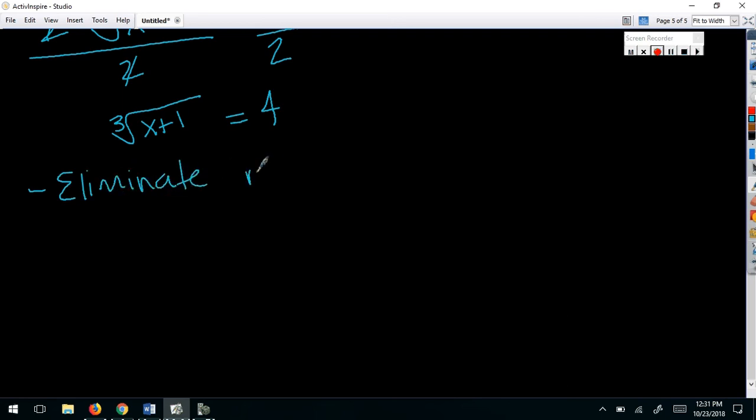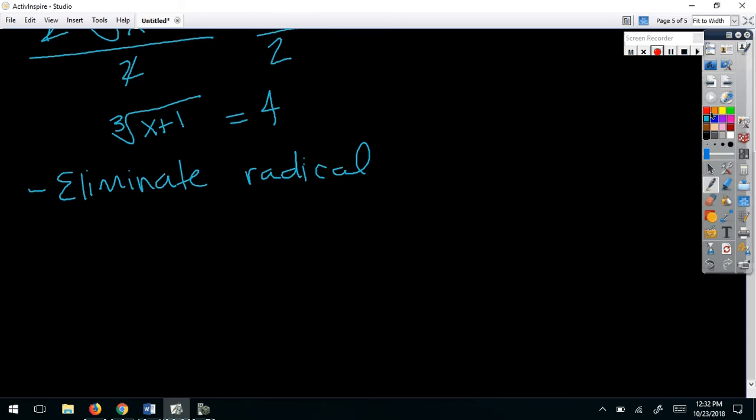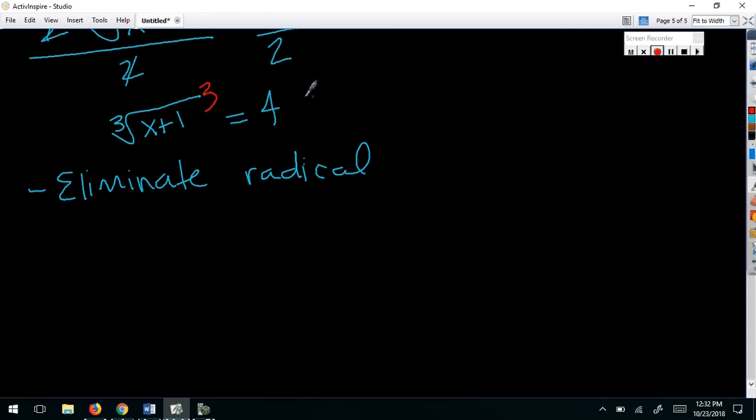How do you eliminate a radical like that? Raise it to the third power. So I do it to the third and to the third. This is gone on the left. So I get x plus 1 equals 64. And now you should be able to solve it.